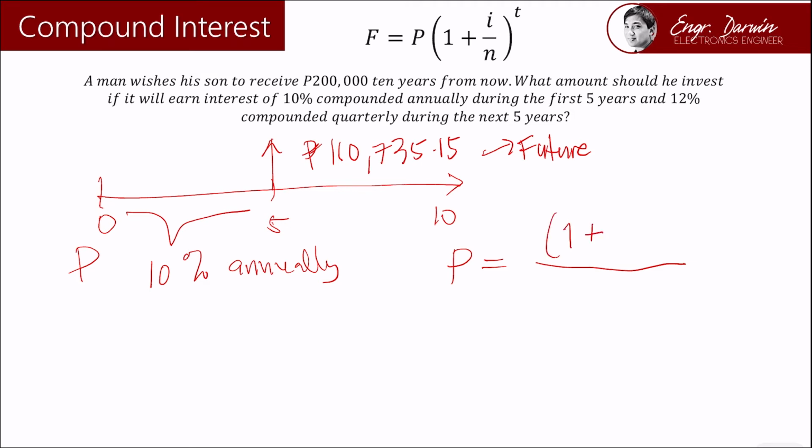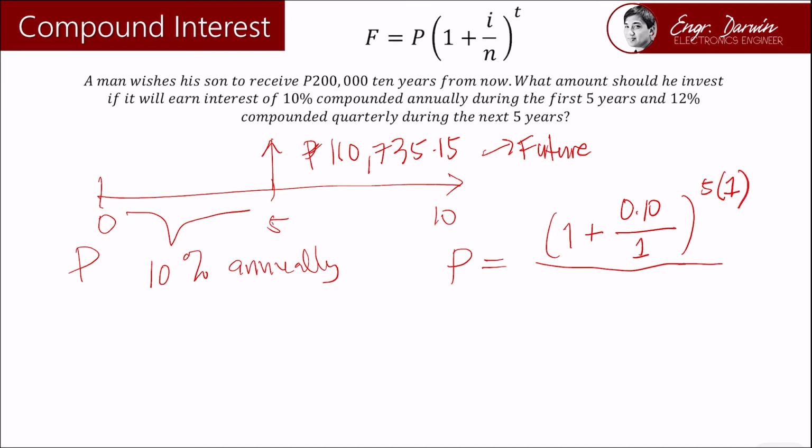So, ang mangyari dyan is 1 plus i, which is 0.10 divided by 1 dahil annual ang ating compounding in this case. And then, it's the same thing that we expose this 5 years times 1.